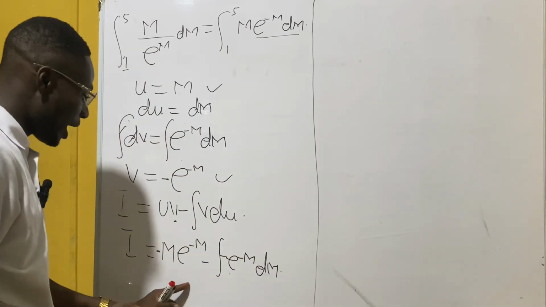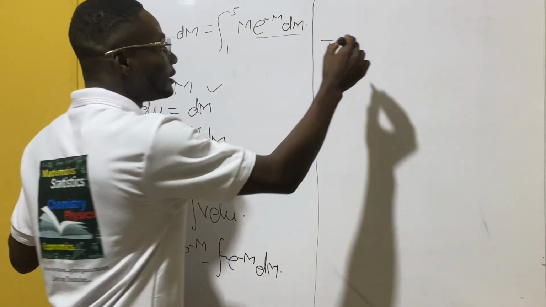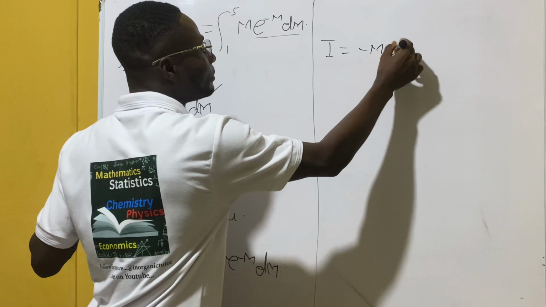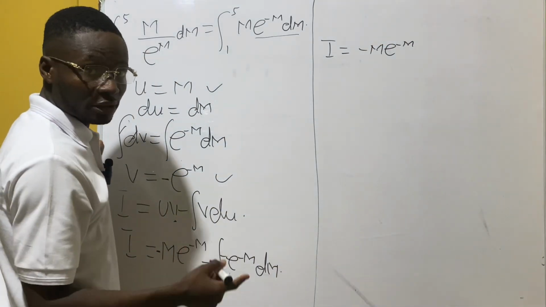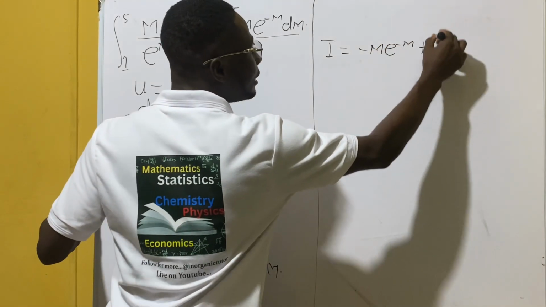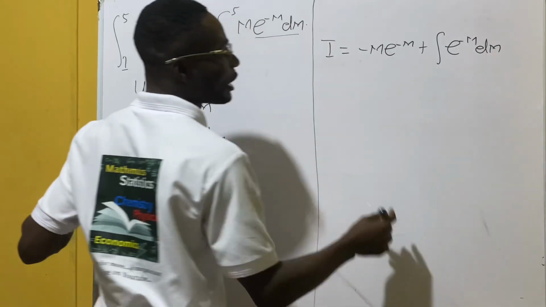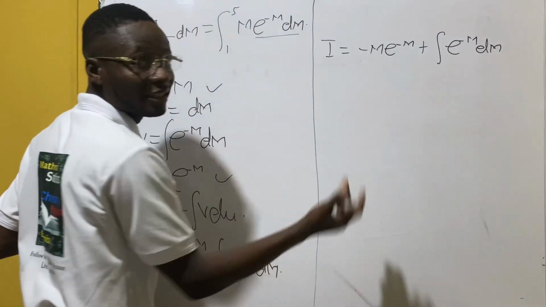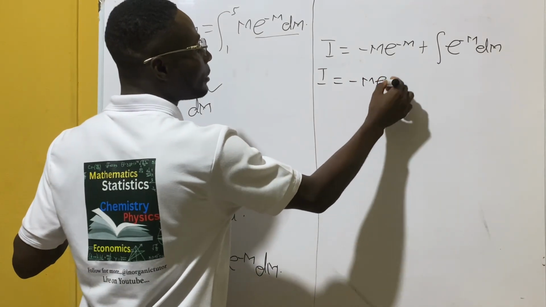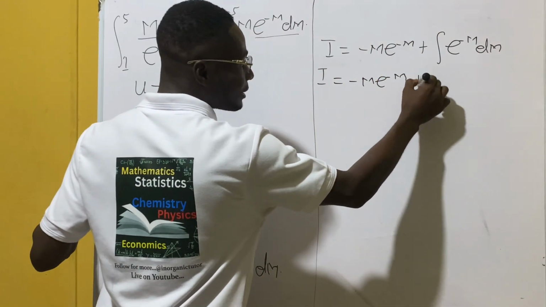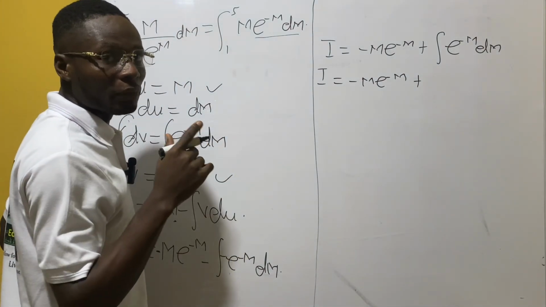So we have this information here. We can go ahead and say that our integration is equal to negative m e power negative m. Then negative times negative is going to be positive, so we have plus integral e power negative m dm. We can integrate it so easily. So we have negative m e power negative m plus, when you integrate e power negative m, you're going to have negative e power negative m.